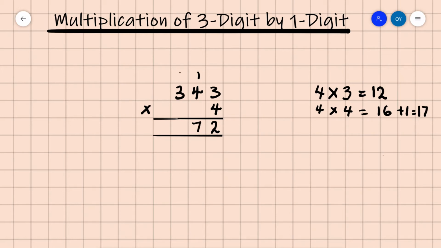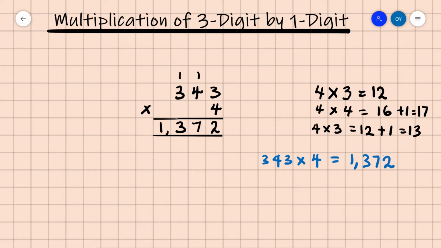So here we write 7 and carry 1. 4 times 3 is 12. 12 plus 1, that is 13. So we write 13. And so 343 multiplied by 4 is 1372.